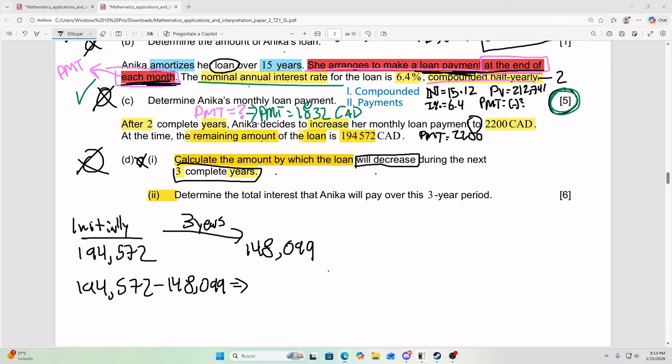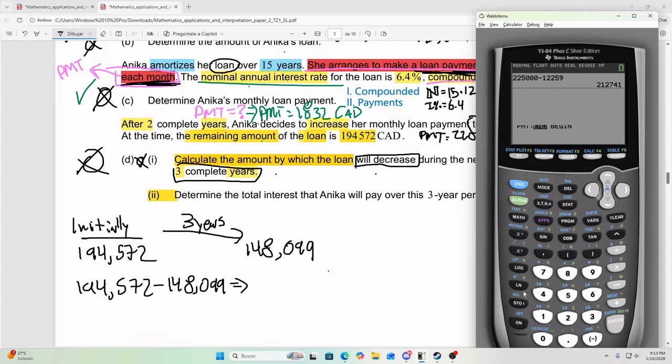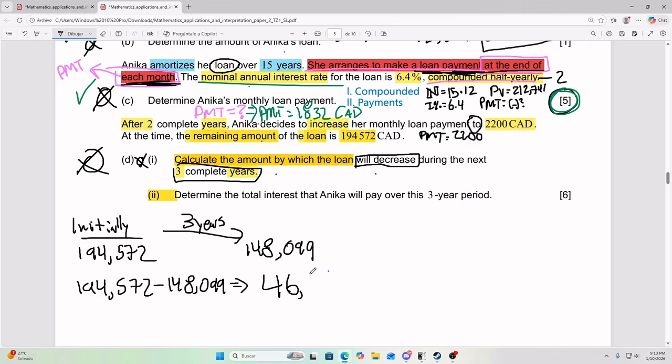If we pop that into the calculator, that gives you 46,473. The other thing worth mentioning is that in these finance app exercises, you will end up with these weird numbers. It's not something nice like 475 or 470 or 480. No, it's 473. It's not nice, and that's normal.